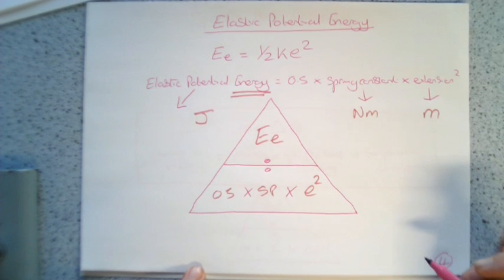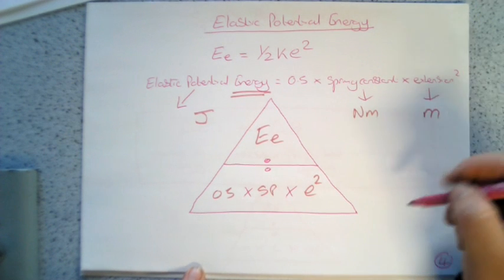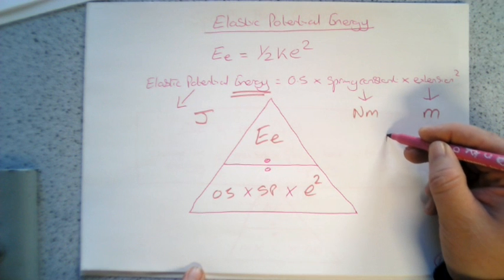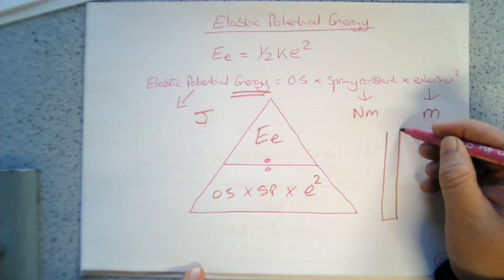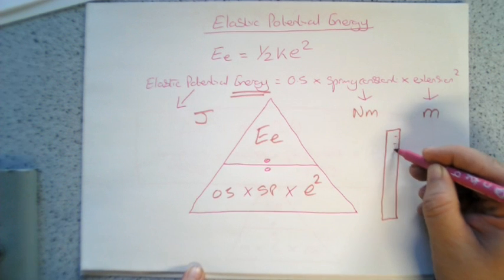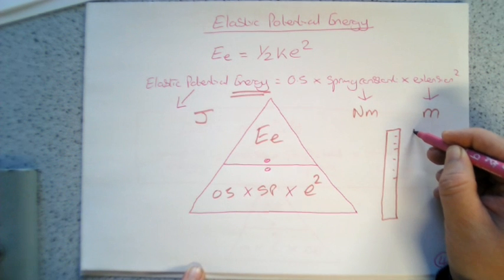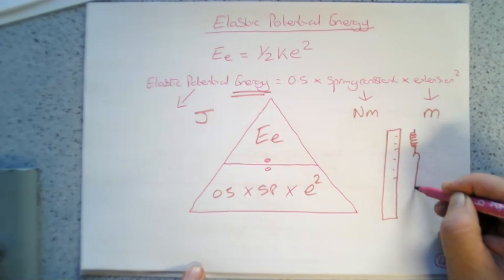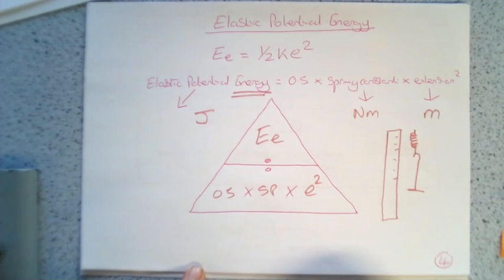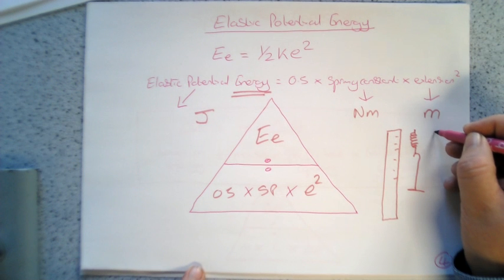And now this comes back into a practical that you might have done around Hooke's law. Now let's remember this, because they often ask you about this. You have a ruler, you have a spring, and then you add some masses to it, okay? Now, remember, we need to know the length of our spring at the start.